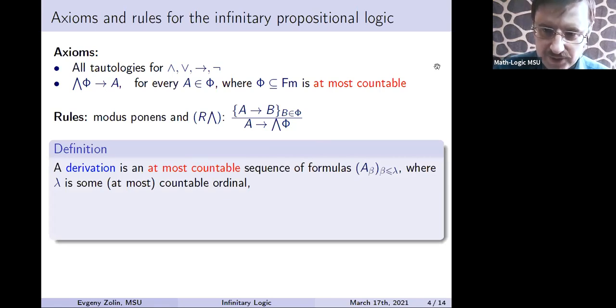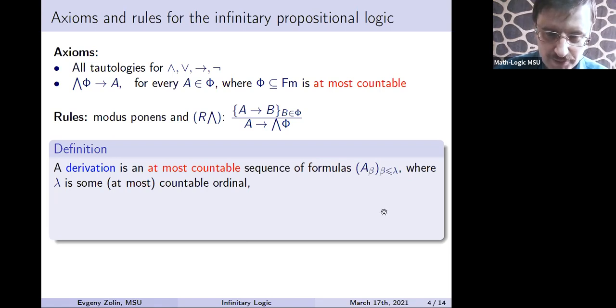Okay, we already introduced the notion of a derivation or a proof. A derivation is an at most countable sequence of formulas. So our sequences will be indexed by ordinals. In the usual logic, we have a finite sequence. Here we will have not only infinite sequence A0, A1, A2, and so on, but we will have sequences ordered by ordinals.